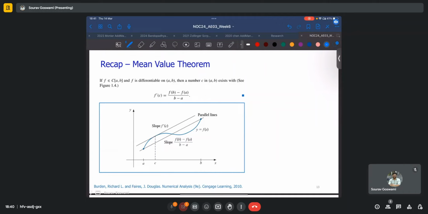As illustrated here, there will exist at least one point c at which the slope is parallel to the line joining the function values at the two endpoints, the slope we get by subtracting the function values and dividing by the abscissa distance between them.